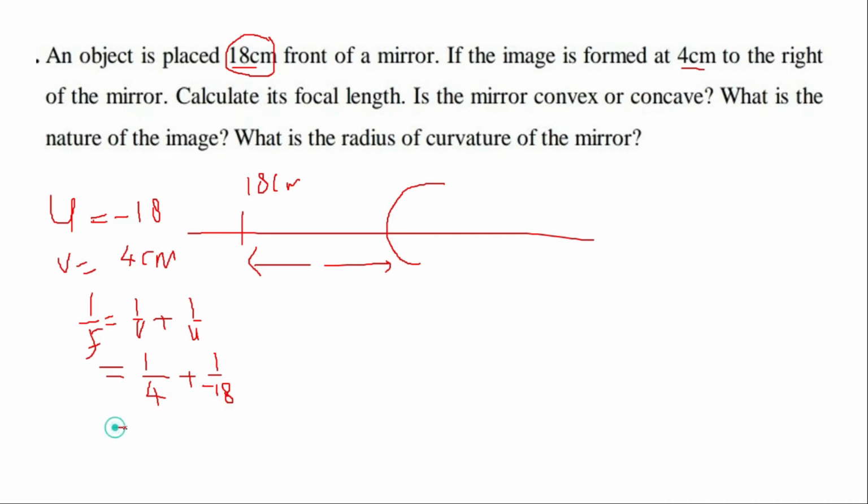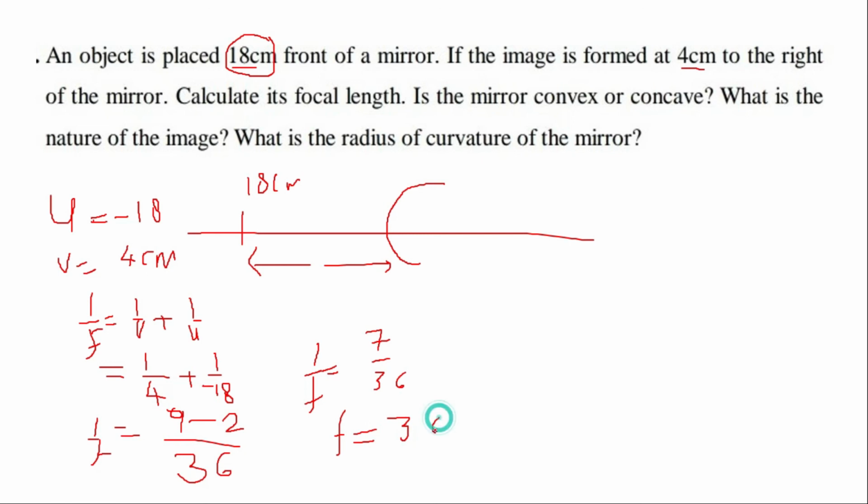LCM of 4 and 18 will be 36. 18 twos are 36 and 9 fours are 36. So 9 minus 2, and I hope you're understanding why we are taking minus. 1 by f equals to 7 by 36. What are we getting? We are getting positive focal length, so it will be a convex mirror.